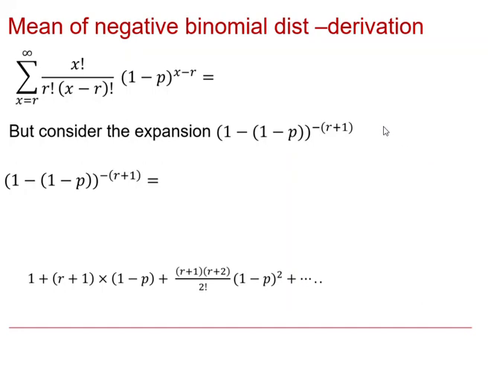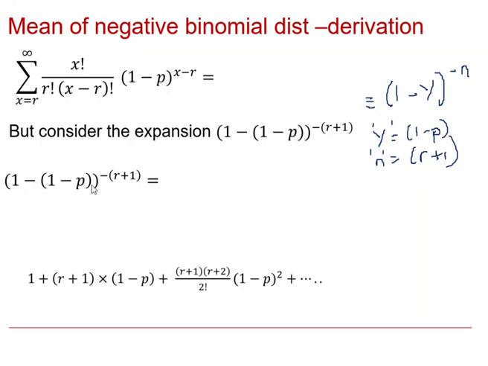And I would suggest you regard this as equivalent to (1 minus y) to the minus n, and think about that expansion where y would actually equal, in this case, 1 minus p, and n is representing r plus 1.